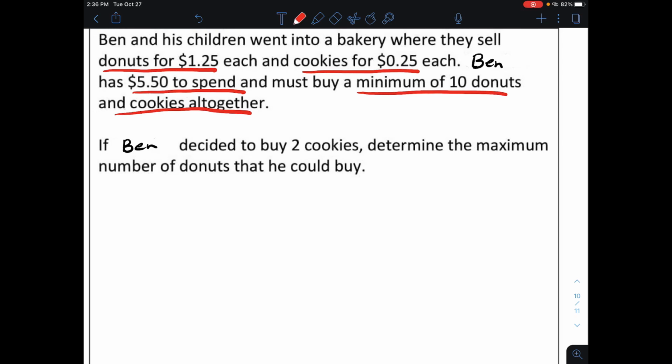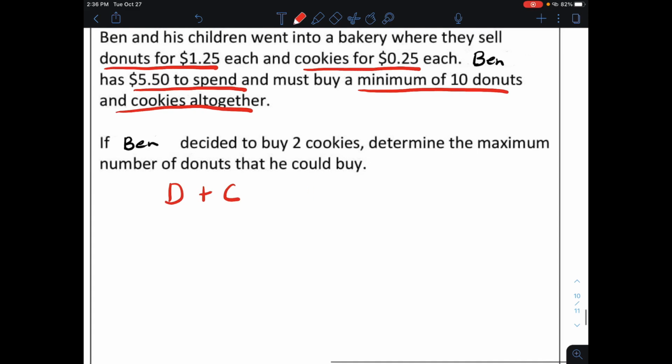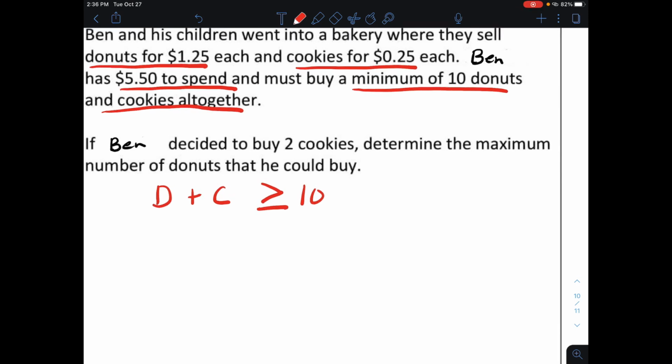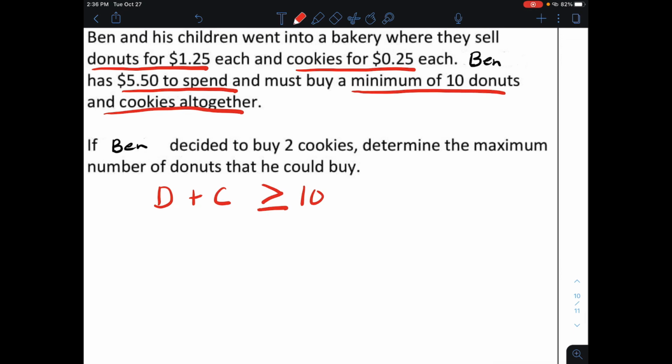Now, the number of donuts and cookies together, he has to buy a minimum of 10. So that means they have to be greater than or equal to 10 when I add their numbers together. Now, the next part we look at is the financial piece, which deals with the cost.